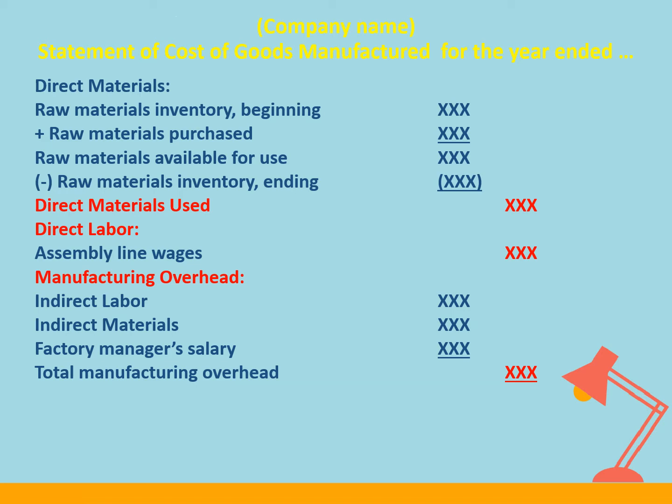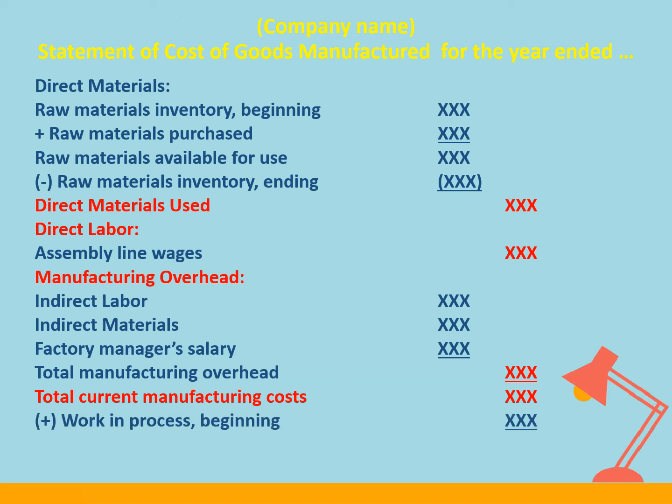We will later add the direct materials used, direct labor, and total manufacturing overhead. This will give us total current manufacturing costs.